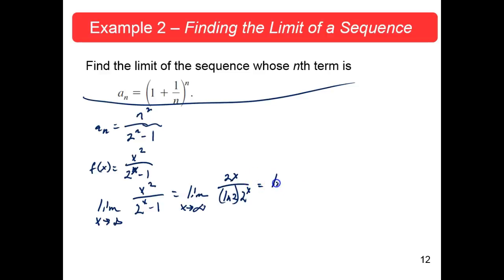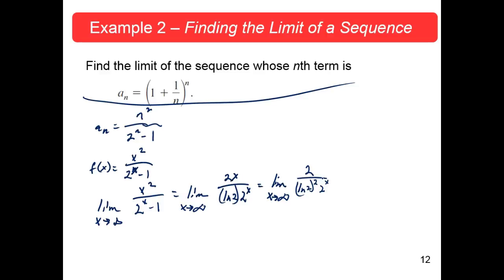Take another derivative. That'll be the limit, as x approaches infinity, of, and what's the derivative of the numerator? 2 over, and whatever it turns out being, I think it's ln 2 squared times 2 to the x or something like that.